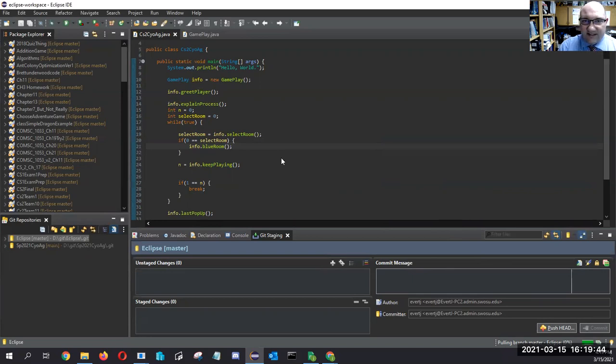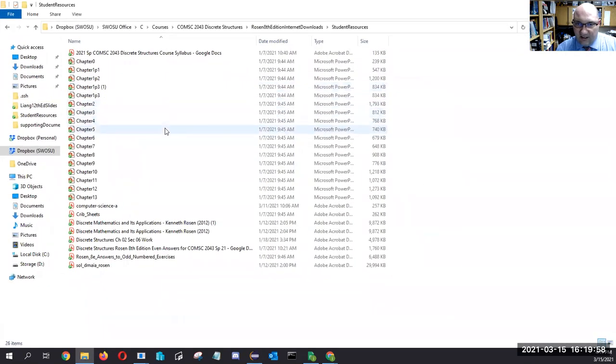Anyway, it's been a while since I've done that, and I wanted to make sure that we started off with a clean branch. Well, that's opening up. I've got the student resources folder here pulled down.